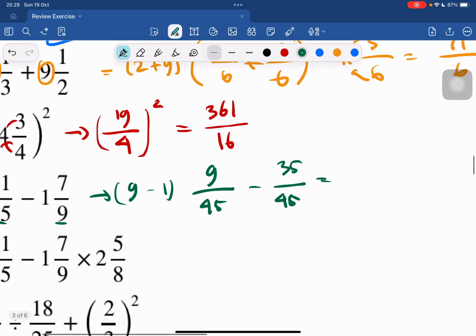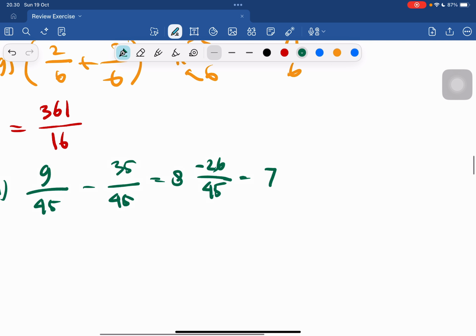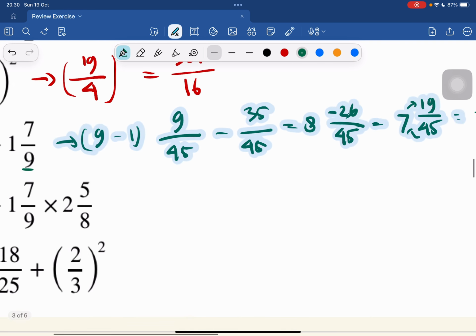So it's going to be 8, and then 9 minus 35 is minus 26 over 45. So this is going to be 7, and then 45 minus 26 is 19 over 45. If you would like to change it, 45 times 7 and then plus 19. So it's going to be 334 over 45.